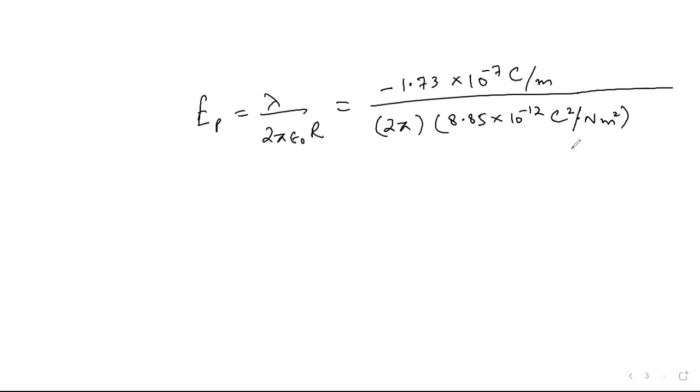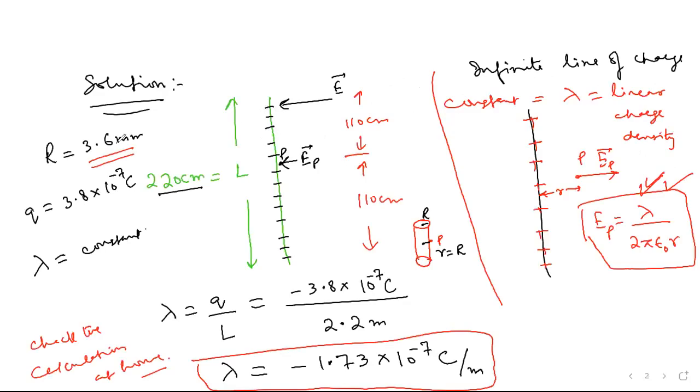Then I have R, which is the radius, 0.0036 meter. You can see it is 3.6 millimeter. That means it is 3.6 into 10 raised to the power minus 3 meter, right? Because 1 millimeter is 10 raised to the power minus 3 meter.